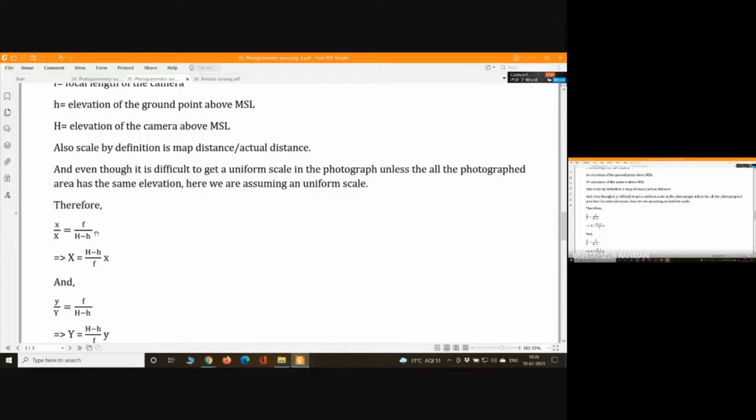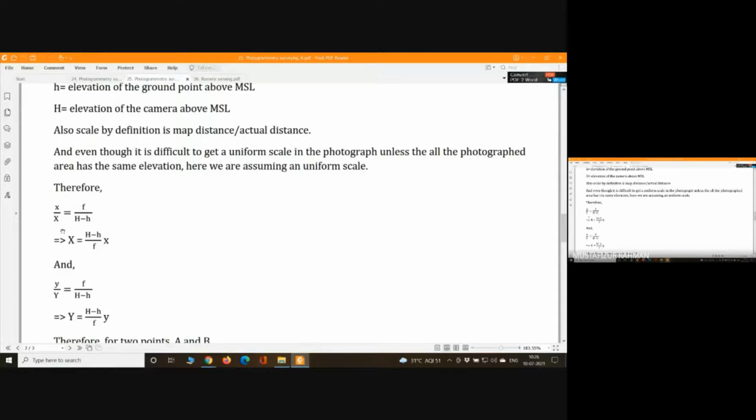Same thing. If the small x is the coordinate in the photograph, that is the distance in the photograph, and capital X is the distance in the ground, then small x by capital X is nothing but the scale of the photograph. So from there, we can relate the capital X to the small x.